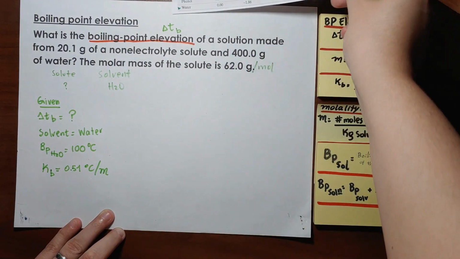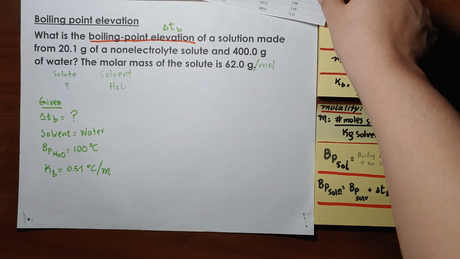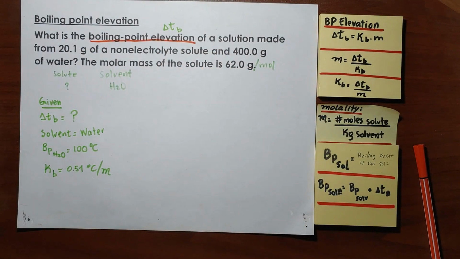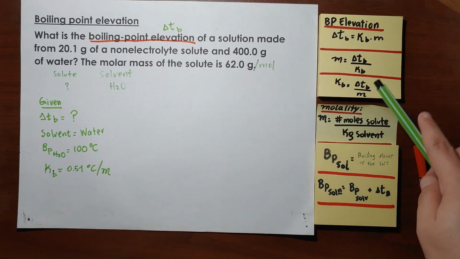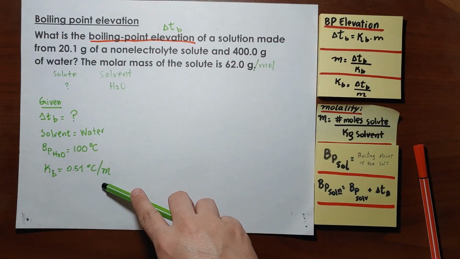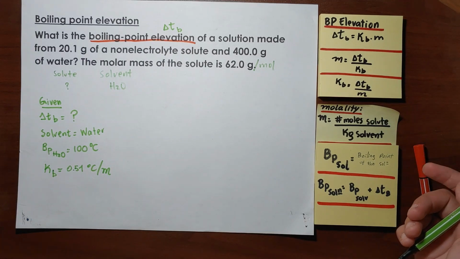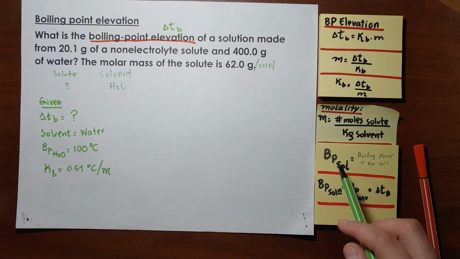Now I'm looking for the boiling point elevation, and in order to find it, you can see the table of the formula right here. I need KB, which is given, and I need molar concentration, which I don't have. How can I get molar concentration, or molality?